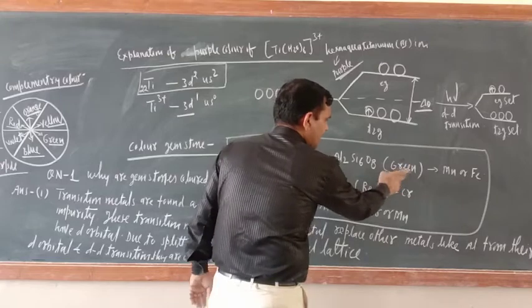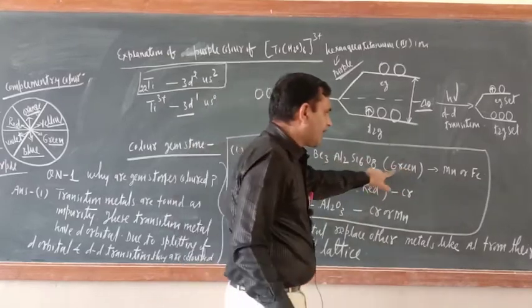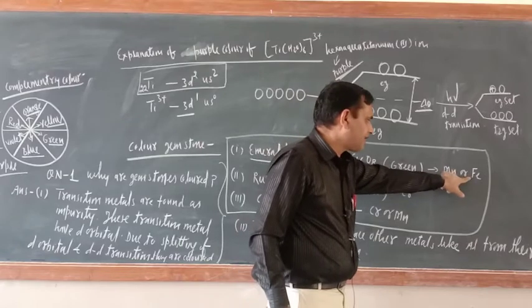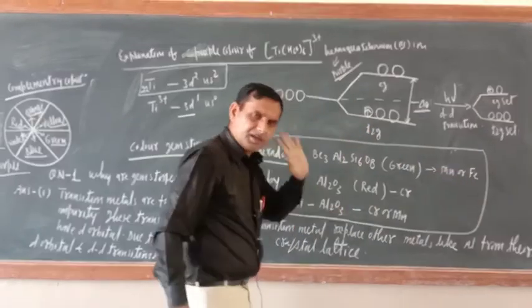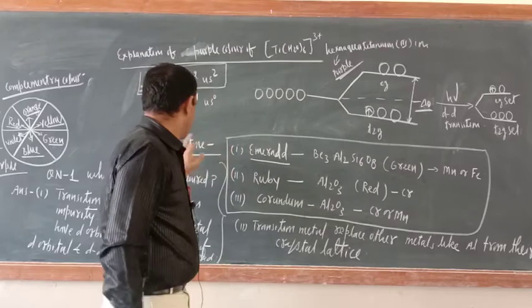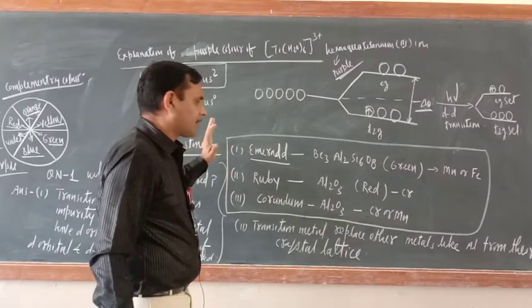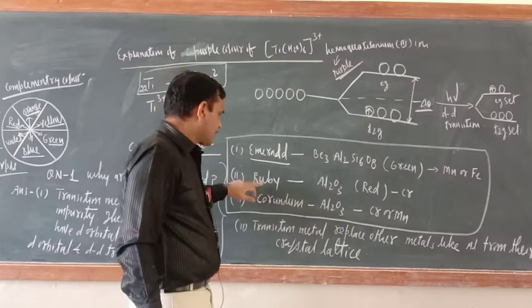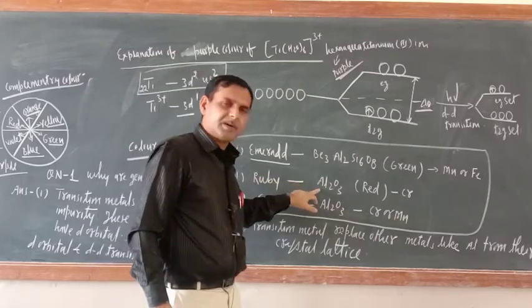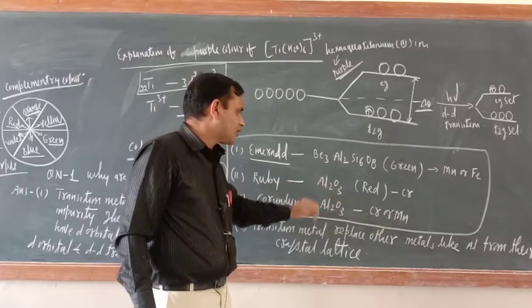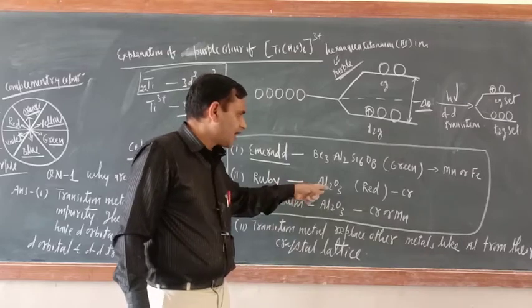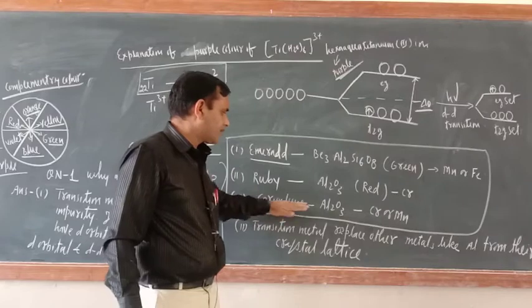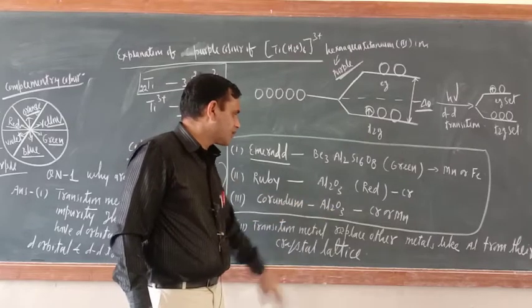Its color is green, and its green color is because of the presence of transition metals. This tells you why gemstones are colored. Next one is ruby. Ruby is Al2O3, red in color, due to chromium. The next one is corundum. Corundum is Al2O3 only.